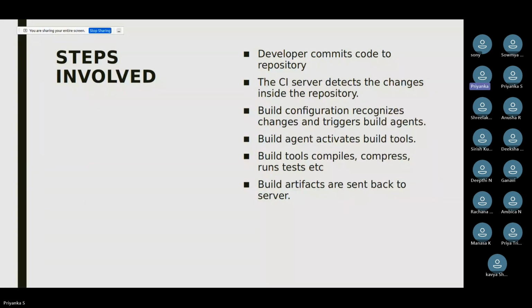So moving on to the next point, build agent activates build tools. So what is a build agent? A build agent is a program deployed on the build servers that takes orders from the CI server. It will be on the server that takes orders from the continuous integration server and starts the build.